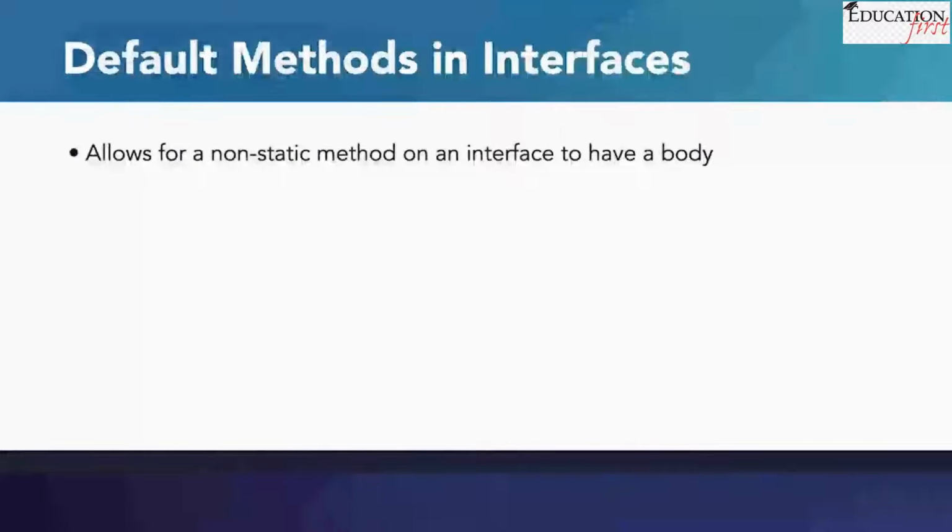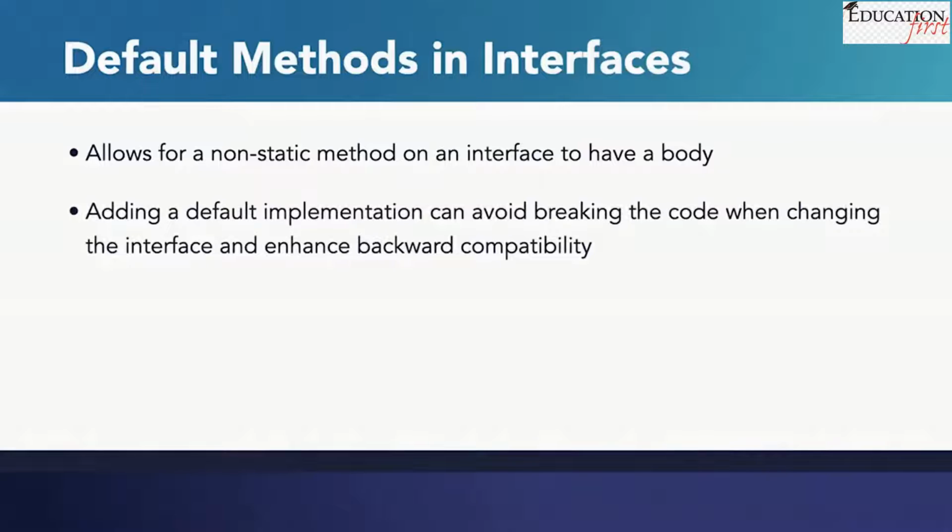Backward compatibility is there for the greater good, and this is actually also why there is now the option to add default methods to the interface. This actually won't break existing code. If you need to add something to the interface after you've made it, you'd have to change all the classes that have implemented the interface.